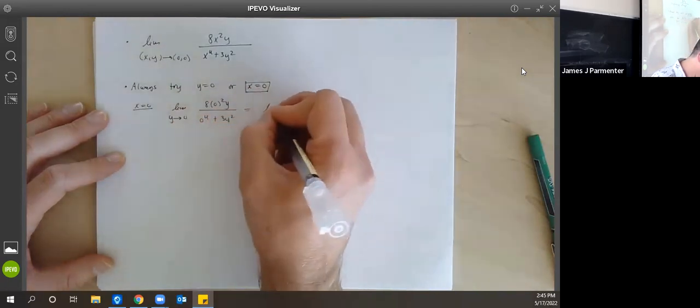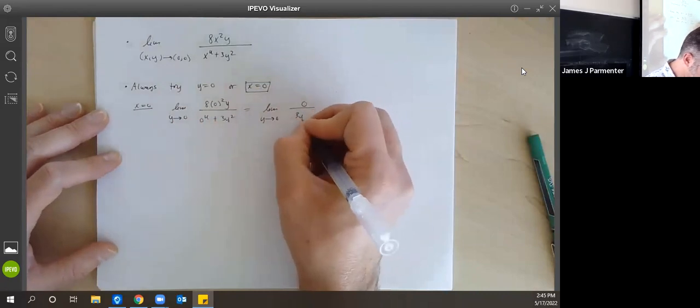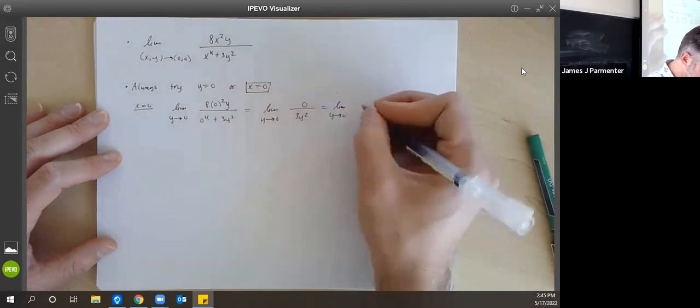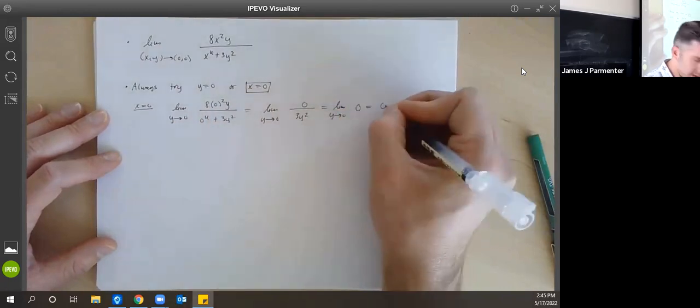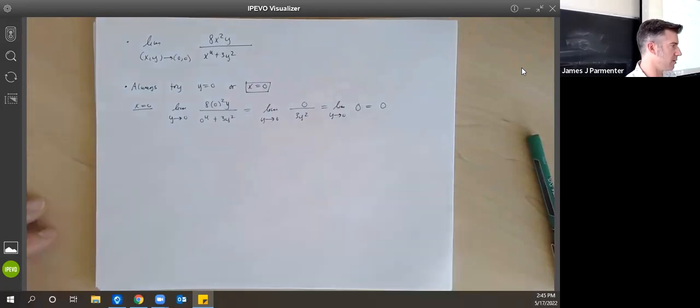And that's going to be the limit as y approaches 0 of 0 over 3y squared, which we know is going to end up being 0, because 0 divided by anything that's not 0 is 0, and the limit of a constant is 0. Most of the time, going along y equals 0 or x equals 0 is going to give you 0. Not always, though.